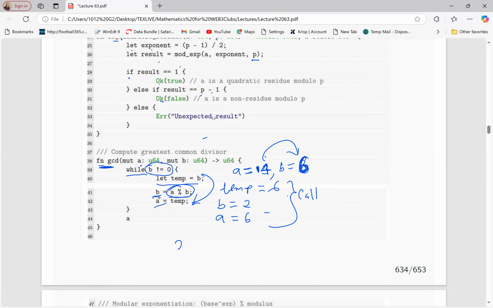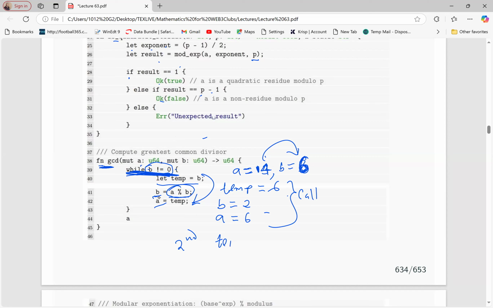Now we go to the second call. We are doing that until B is 0. This is the condition: while B is not equal to 0, we continue doing this. We only stop when B is 0. So in the second call, we repeat the same thing.